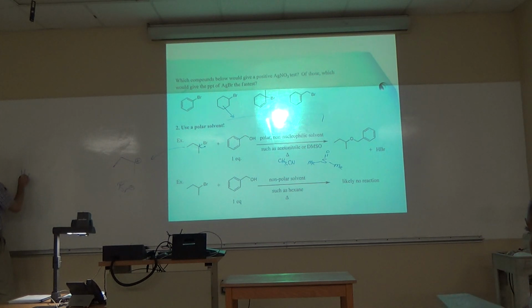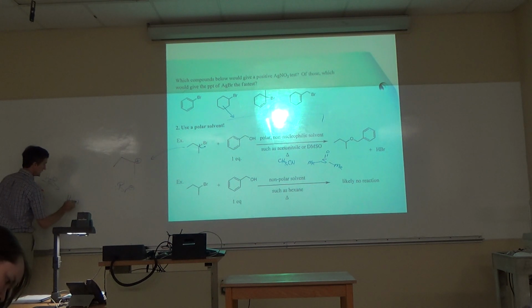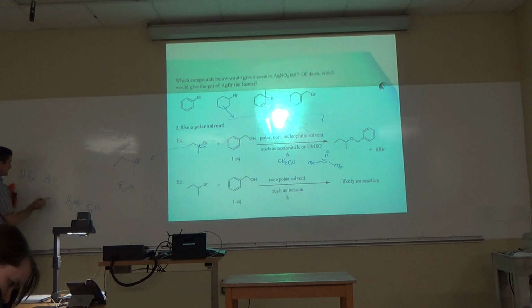What happens when you put HBr in water, a polar solvent? It ionizes. It makes ions. I mean, you can show H3O plus, Br minus, or just H plus. What happens if you put HBr in hexane, a nonpolar solvent?